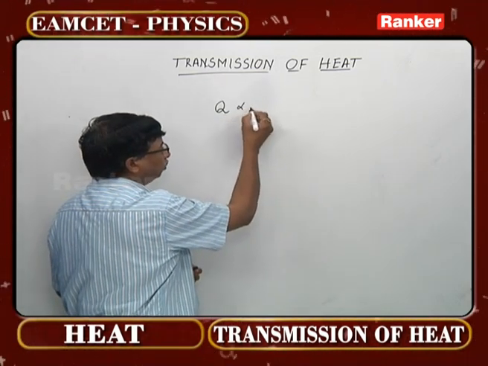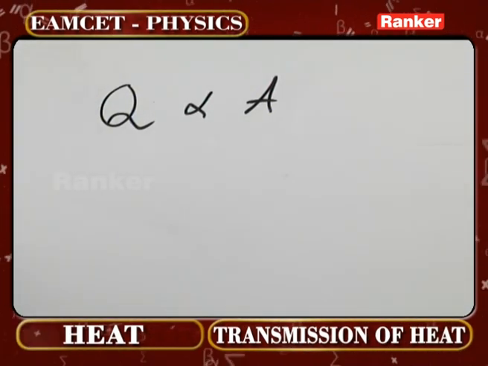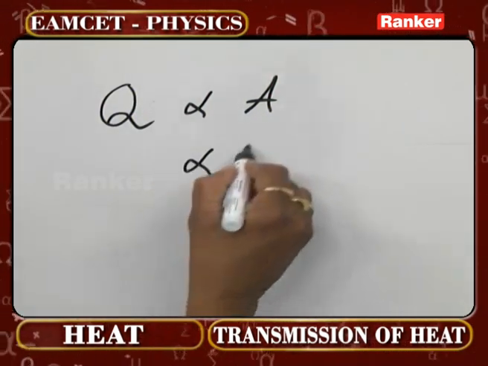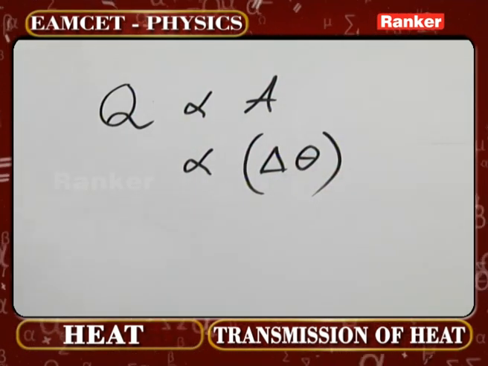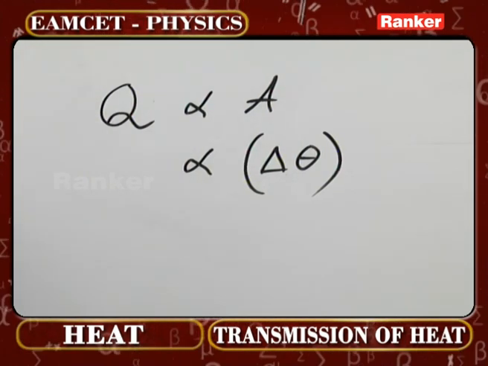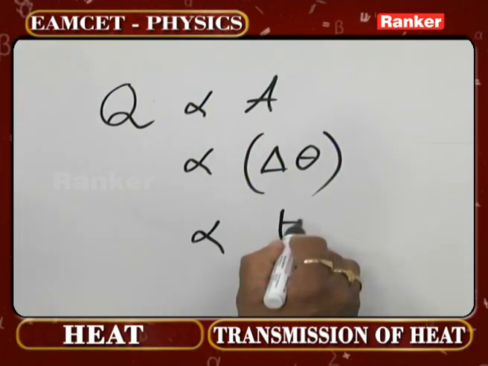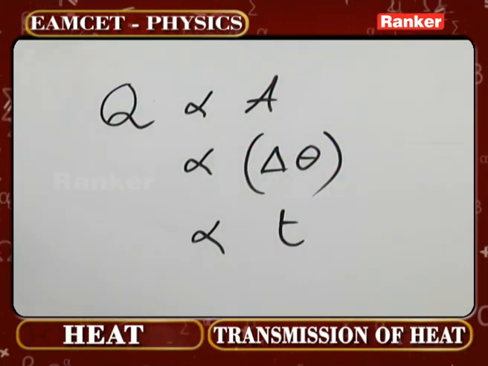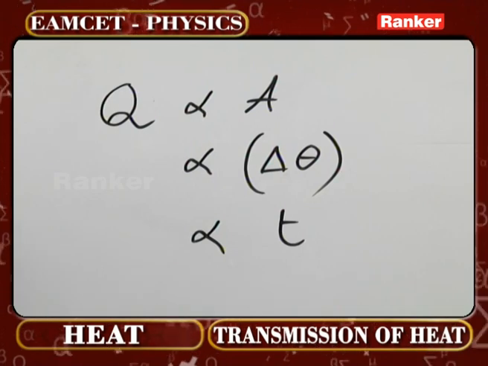It's proportional to the area of the faces across which the heat is transmitted, and it is directly proportional to the change in temperature across those two faces across which the thermal conduction is taking place. Third one, it is directly proportional to the time of heating the first face. Depending on the time we are heating the first face, the amount of heat energy will be reaching the other face as well.